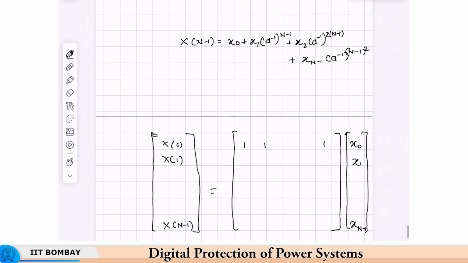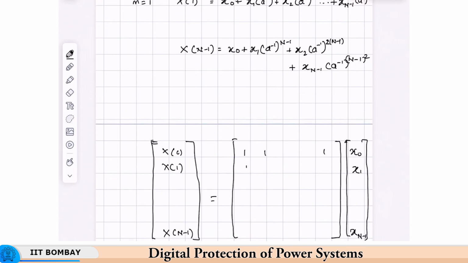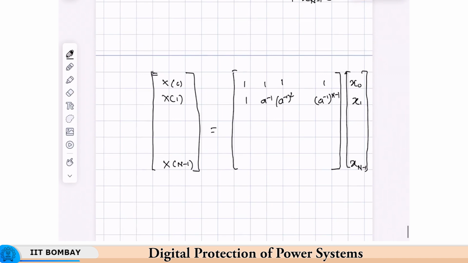The second row from here we can make out is 1, A inverse, A inverse square. The last row, of course, starts with 1, then A inverse n minus 1, and so on to A inverse n minus 1 the whole square.